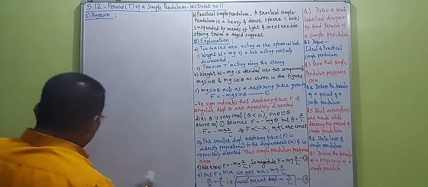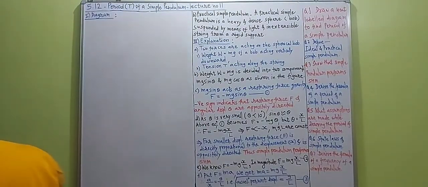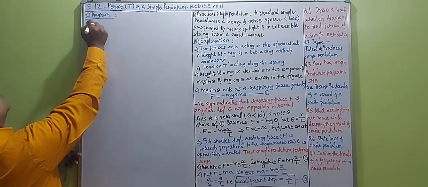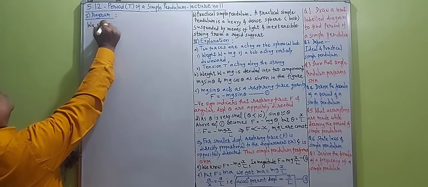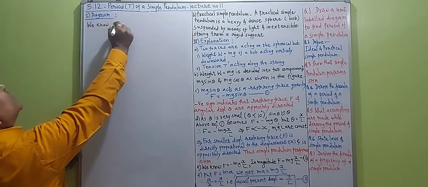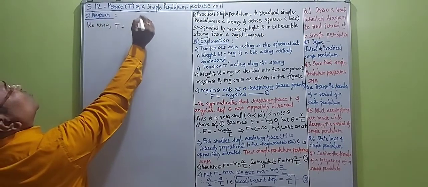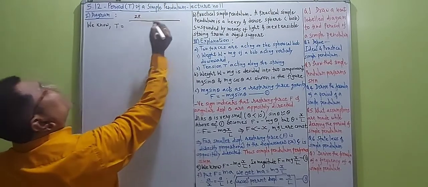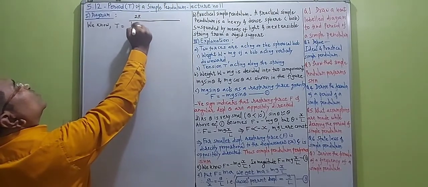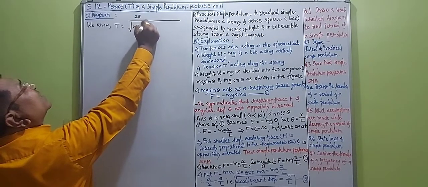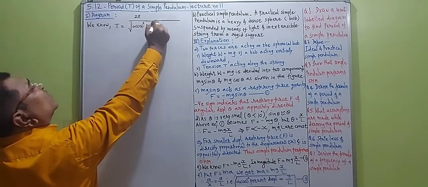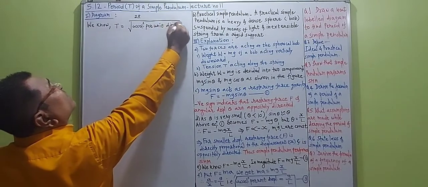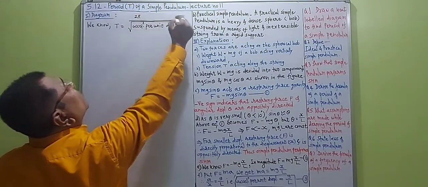While learning the chapter on SHM, we know capital T is equal to 2 pi upon square root of acceleration per unit displacement. This is the formula of period.